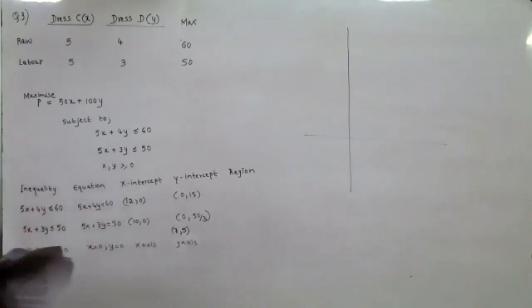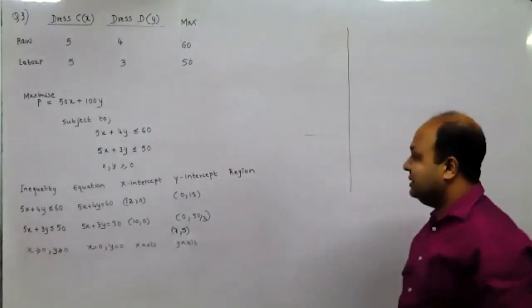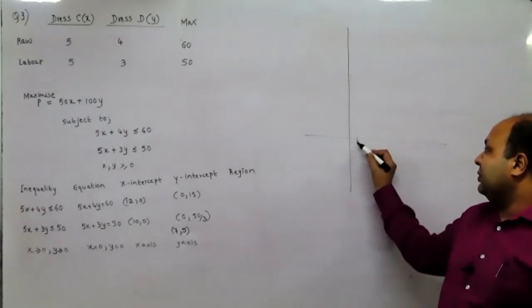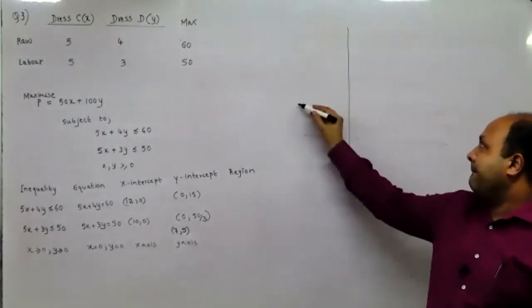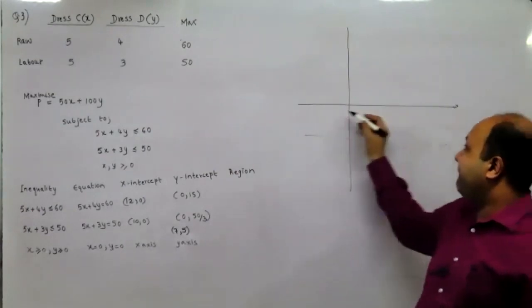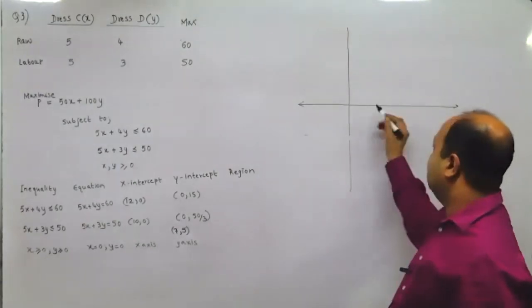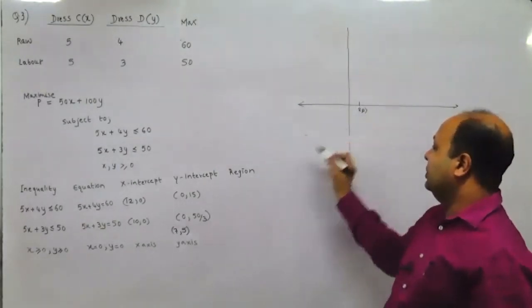Next. On the x axis, 12, 0, 10 and 0. So I'll take intervals of 2 each. Both are towards origin.